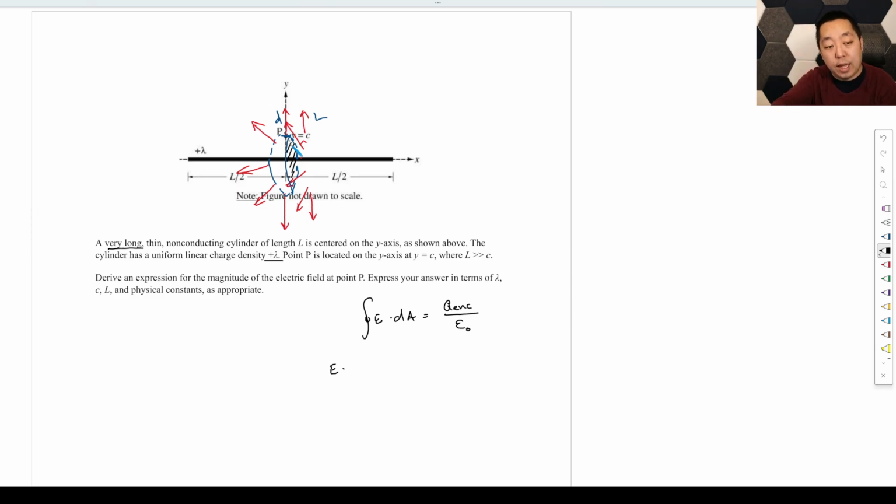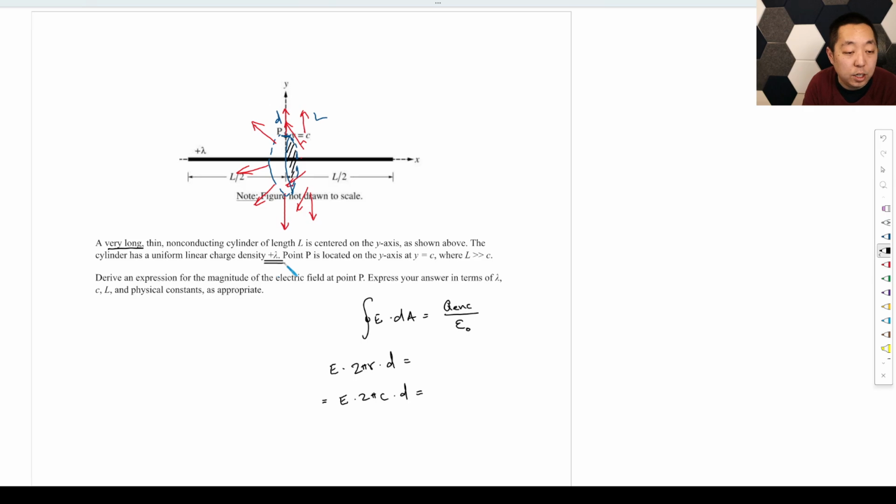I just need to think about the lateral surface area, and that is 2 pi r, the circumference of the circle, times how wide that is. That's d. And the radius is just c. So it's 2 pi c times d. Now that equals the charge enclosed over epsilon naught.